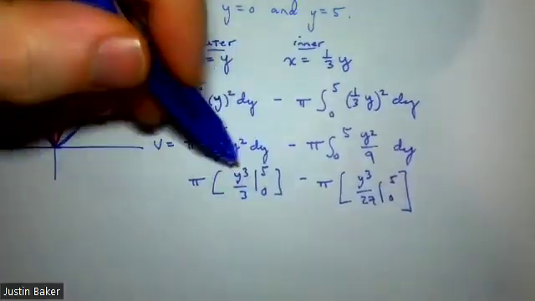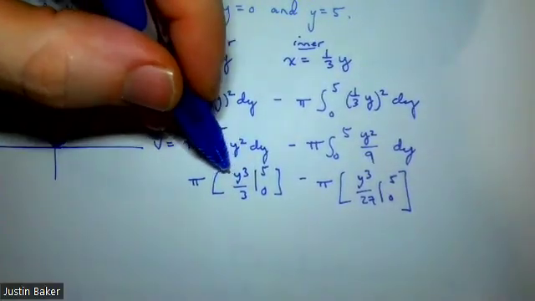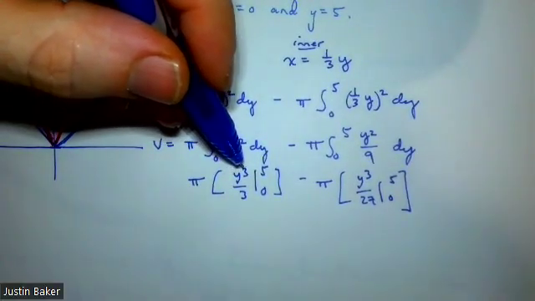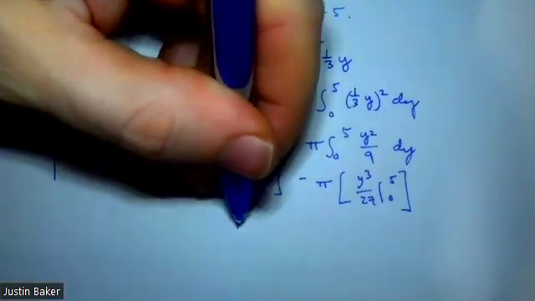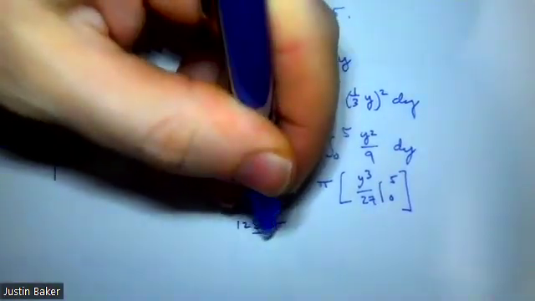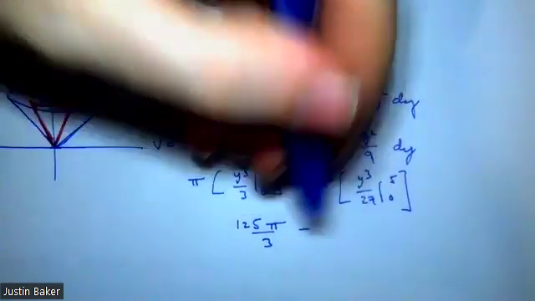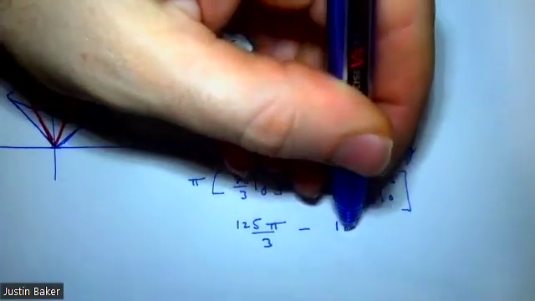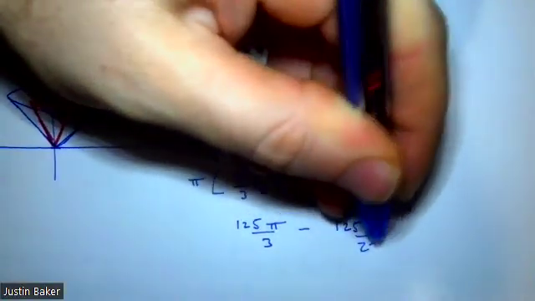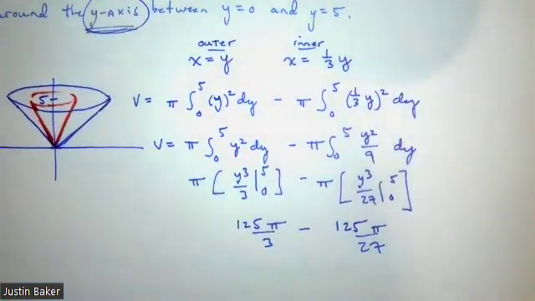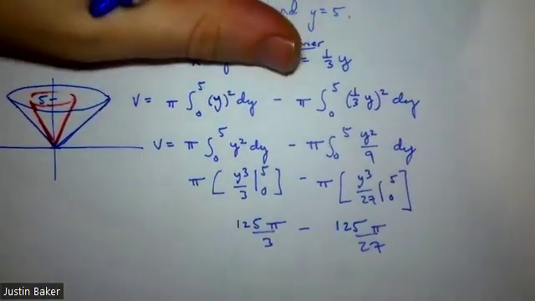Okay, so plugging in is going to give us 5 to the third. 5 times 5 times 5. That's what, 125 over 3. And this one over here, it looks like it's going to be 125 pi over 27. And looks like we would need a common denominator, so triple these.